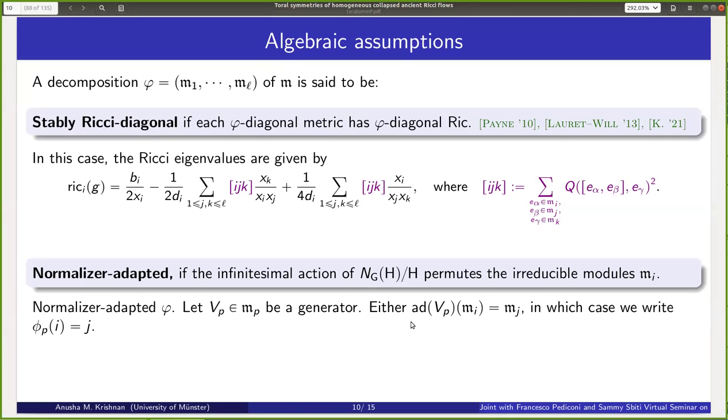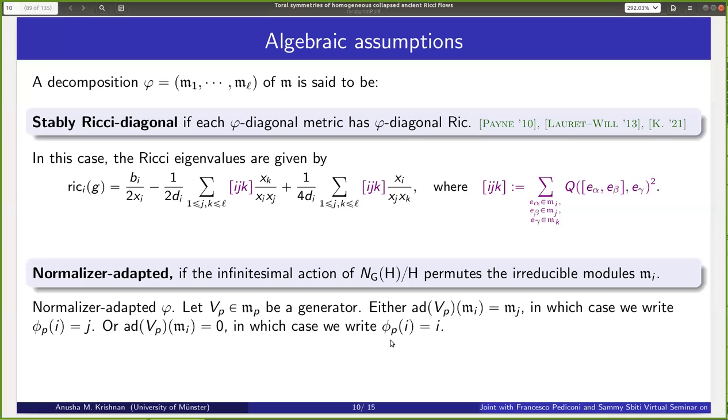Then either under the adjoint action, Mi gets sent to some other Mj, in which case we write that Vp of i is j, or the adjoint action of Mi is just 0, in which case we write Vp of i is i.